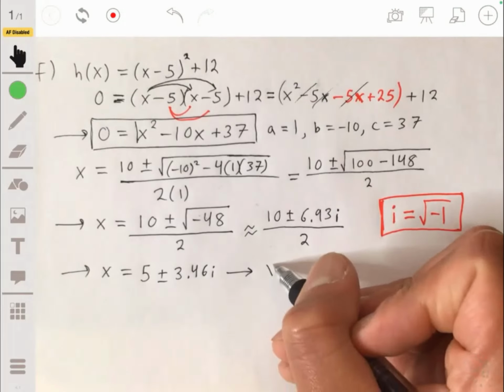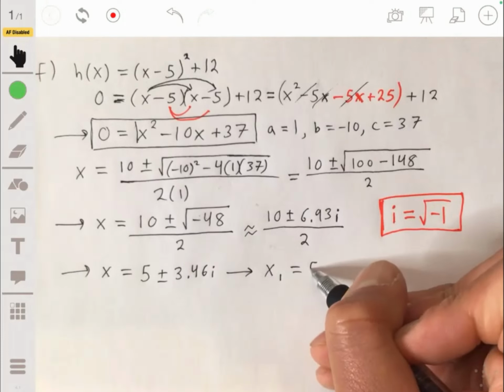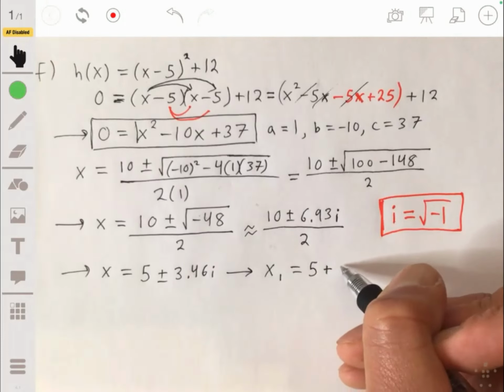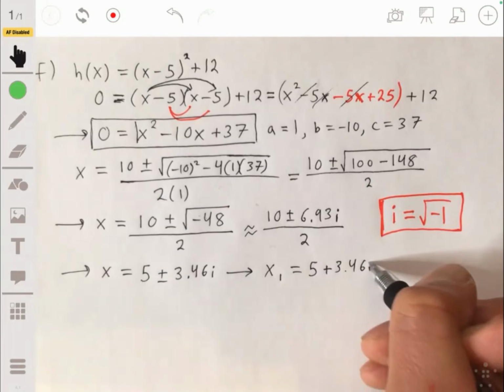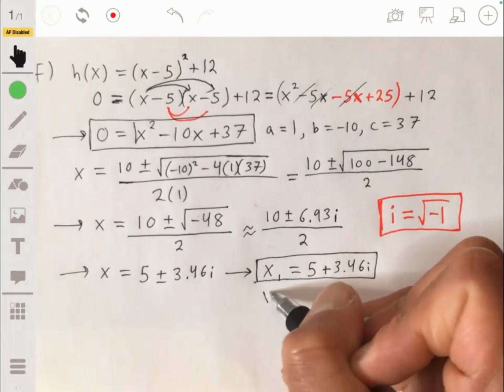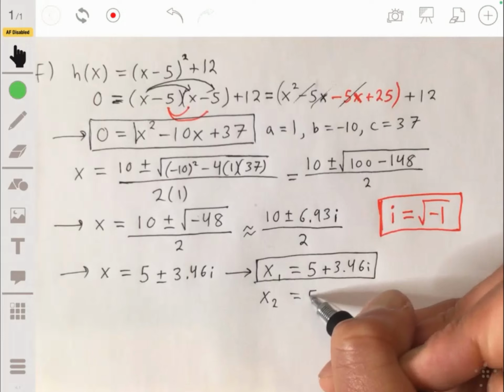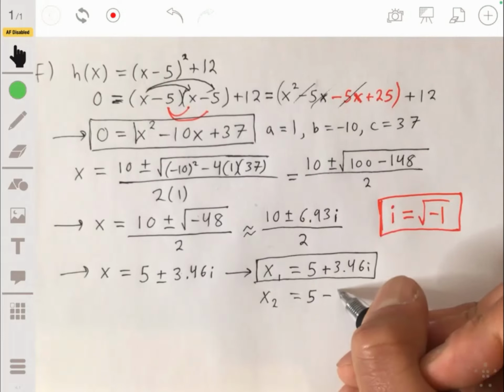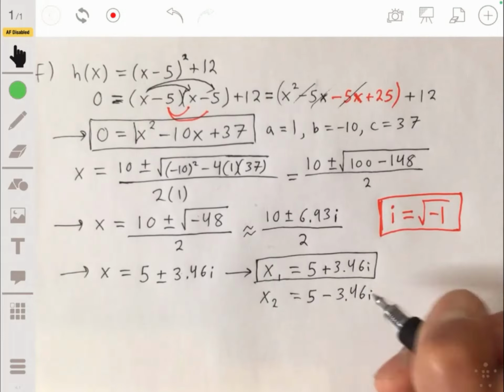And so we'll have one of our roots: x1 will be 5 plus 3.46i. And then x2 will be when you subtract 3.46i.